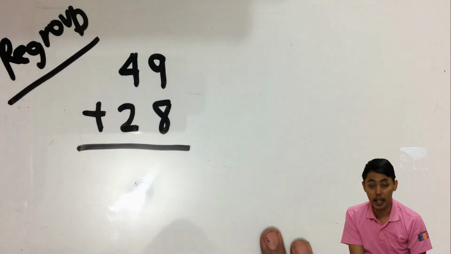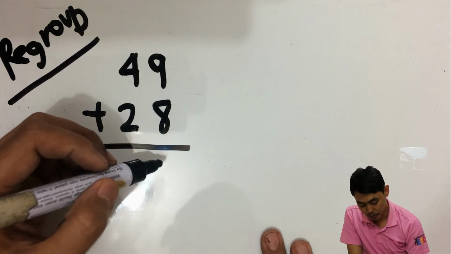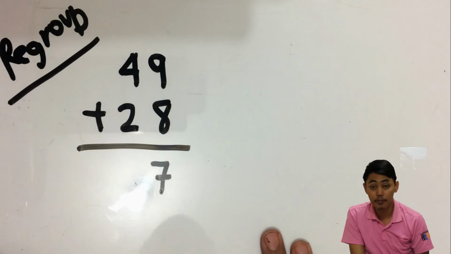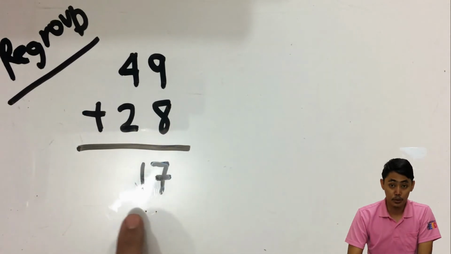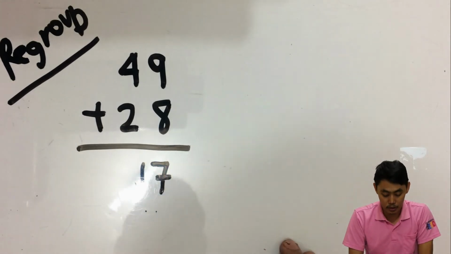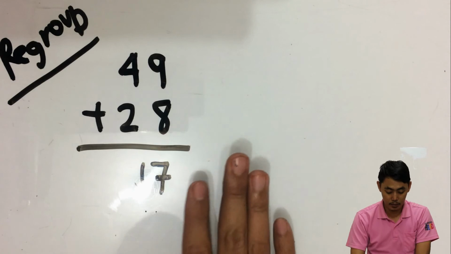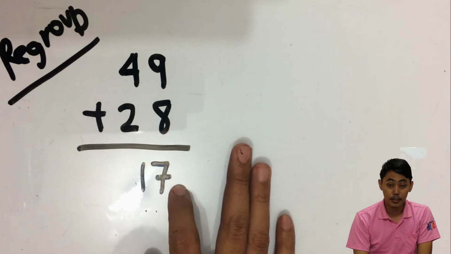So 9 plus 8, we have 17. So we will need to write down 7 here and 1 here. Can we write two numbers in one place value? The answer is no, we cannot.